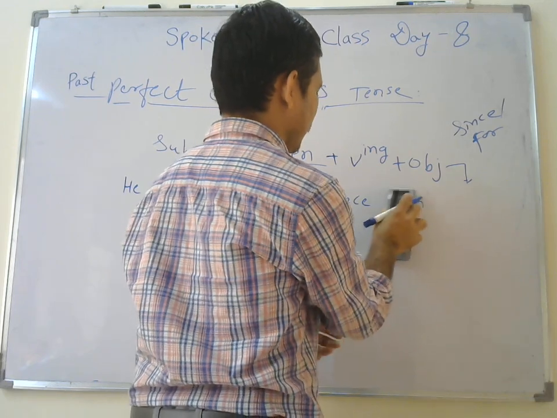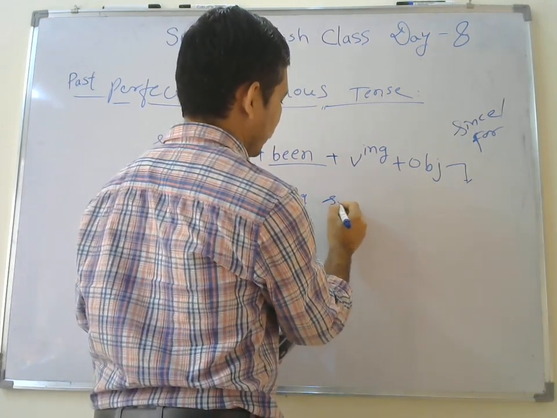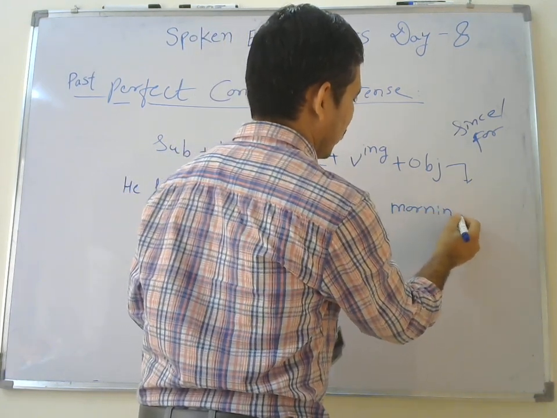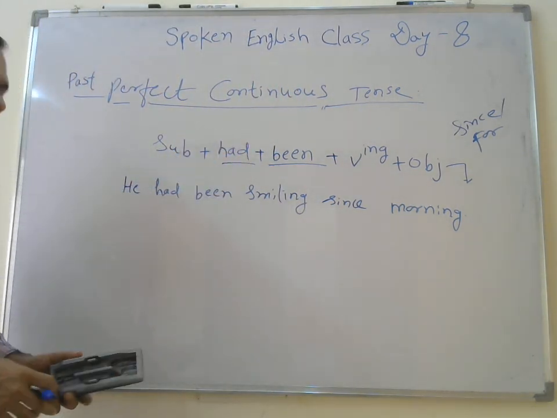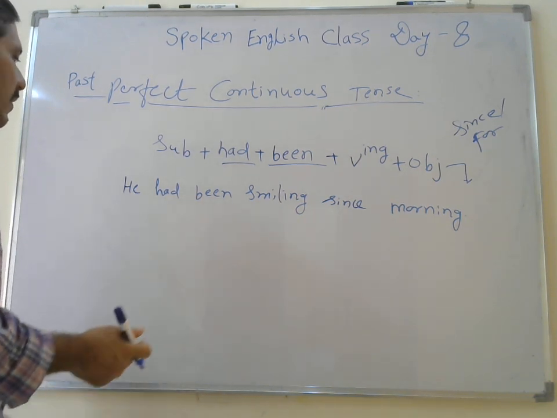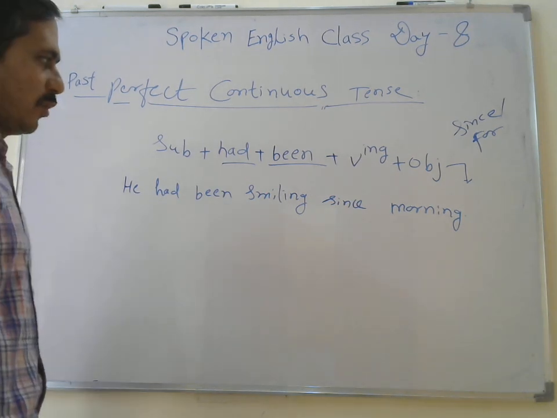If you are talking about some point of time, morning, evening, this is a point of time. So he had been smiling since morning. He had been worshipping since morning. They had been worshipping since morning.